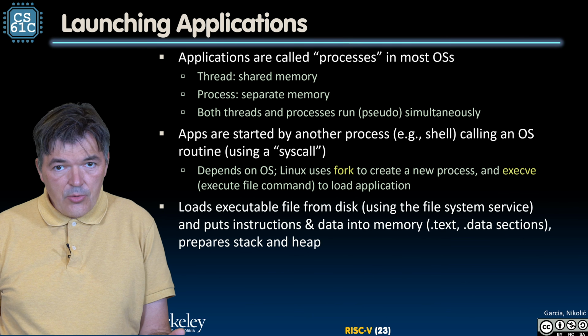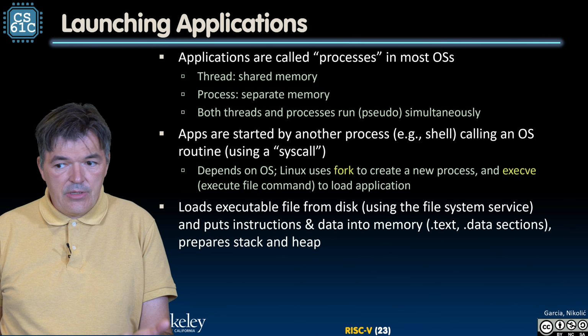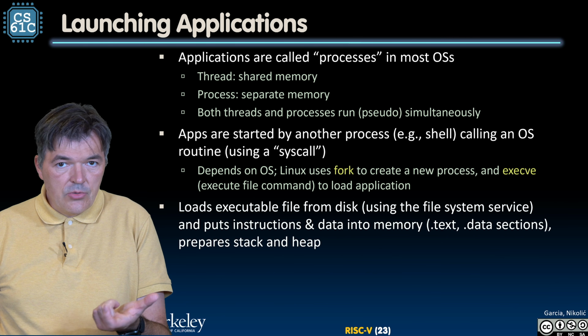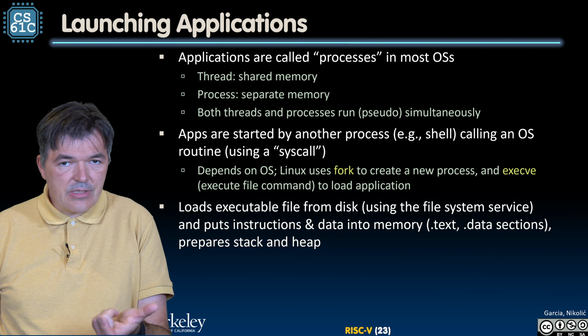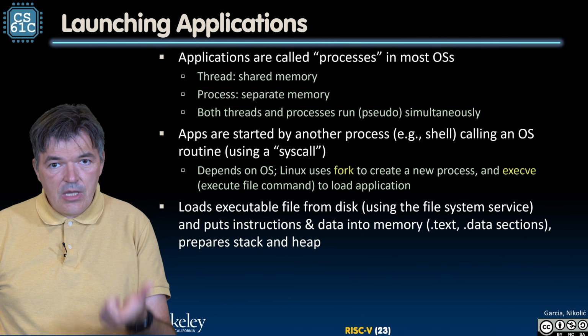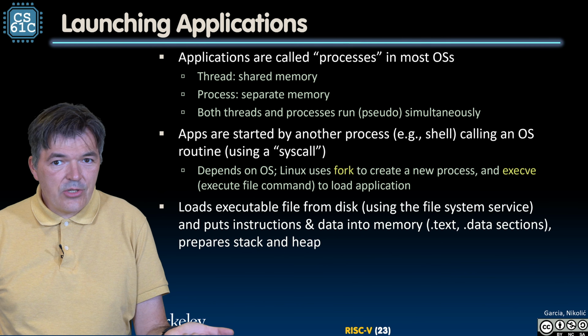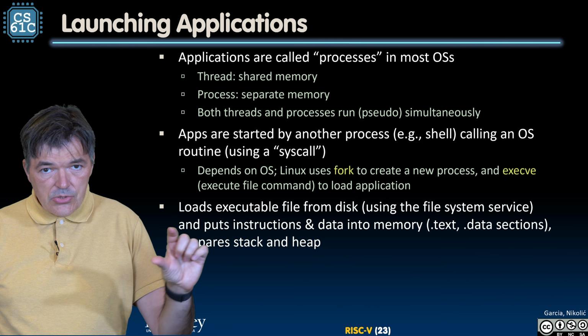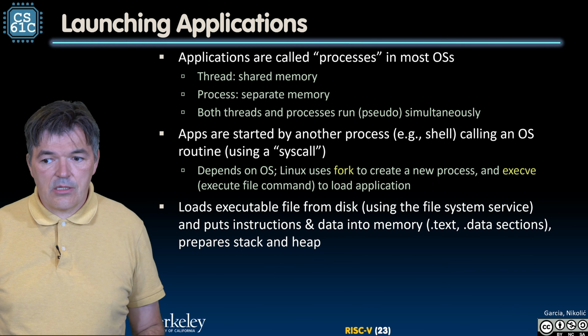We load the executable file, the binary file, from the disk by using some of the file system service functions, and put the instructions and the data in their appropriate locations in memory. Those are our text and data sections.